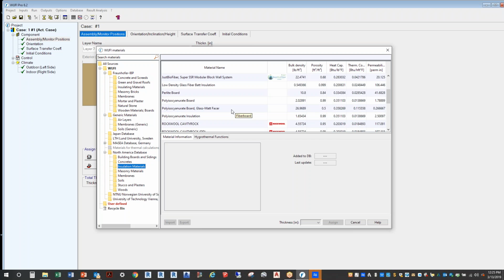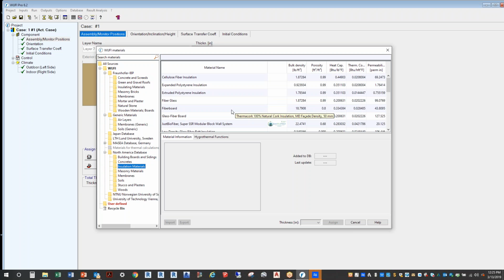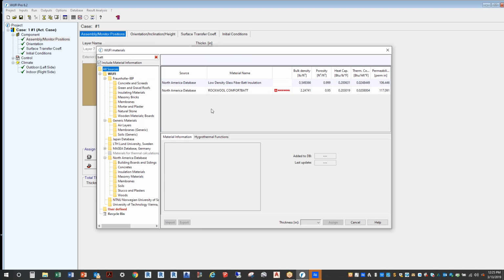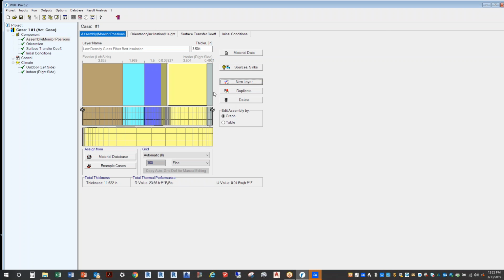There used to be an ASHRAE bat insulation. Let me search for bat. Here we go, North American low density fiberglass bat insulation. And I'm going to make that 3.5 inches thick, so 3.5 inch stud wall.